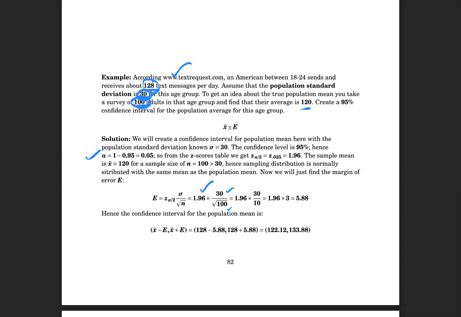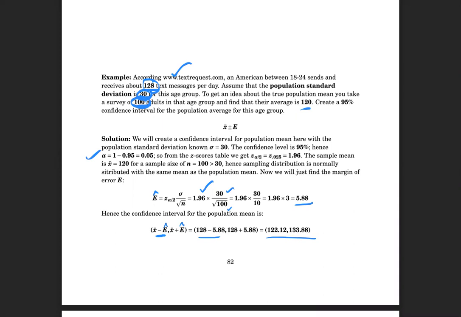If you do the math, it comes out to be 5.88. So there should be a hat here. Your E hat is 5.88. So X bar minus E hat, X bar plus E hat. So 128 minus 5.88, 128 plus 5.88 gives you 122.12 and 133.88.